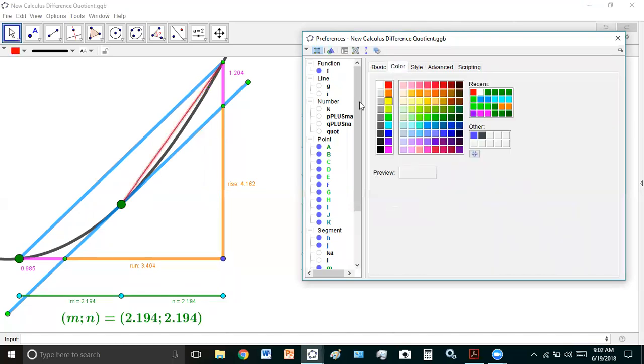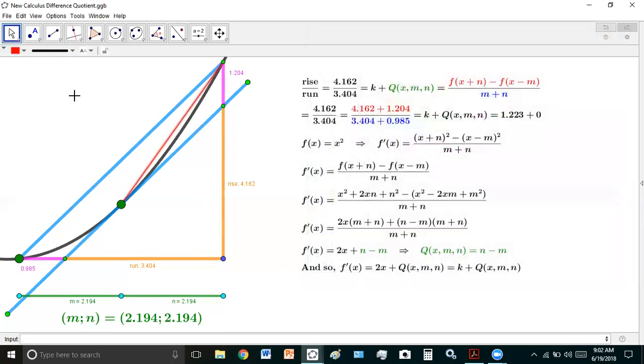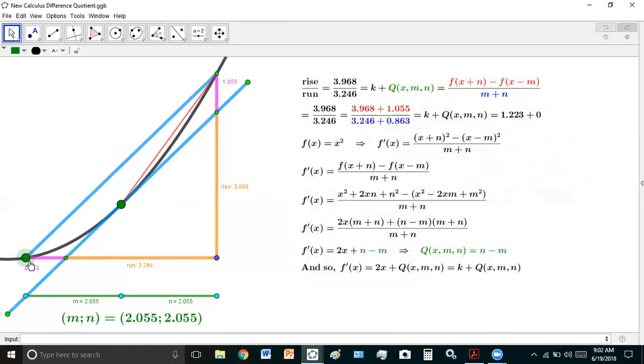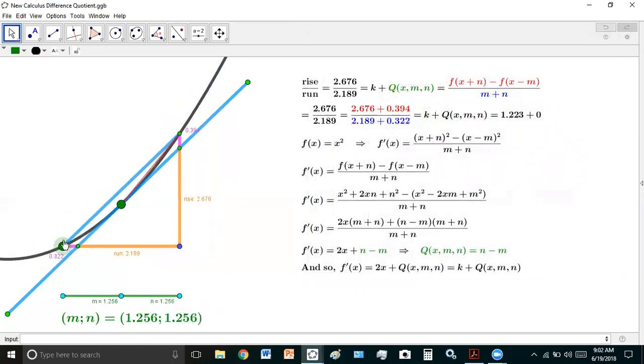So he was fumbling around in the dark. He didn't know what he was doing. Neither did Leibniz. Neither did anyone else before I came along, okay? He was just messing around, saying, okay, well, let's see what happens if I bring these 2 points closer. And that's what he was doing.